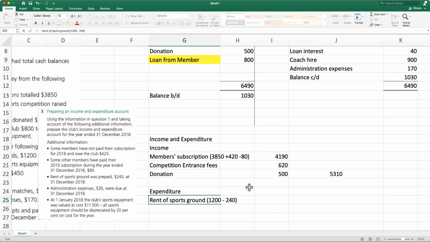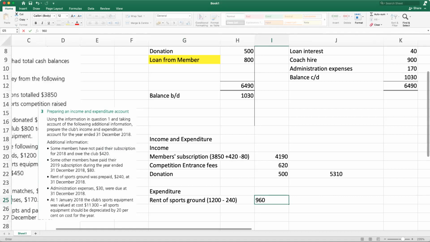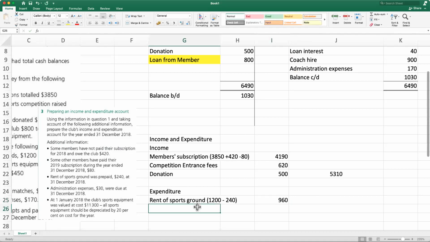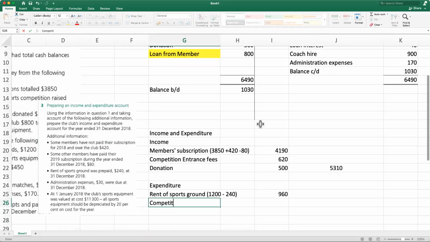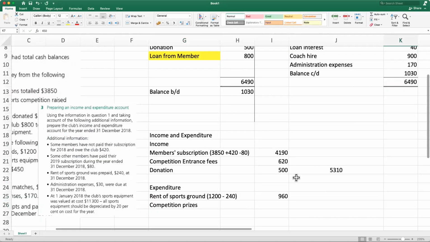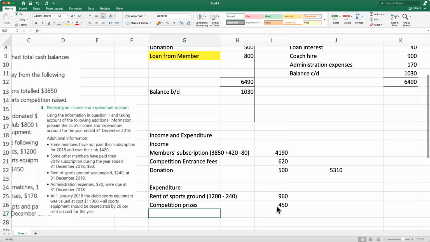So this will total up to 960. Once you're done with that, you look at competition prizes. It is here, 450. Next one, your loan interest.